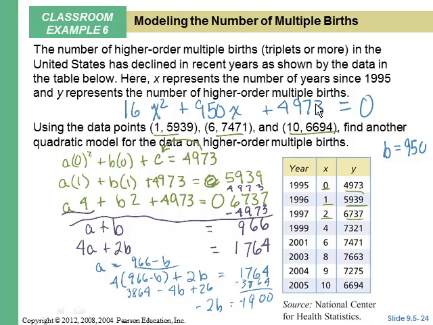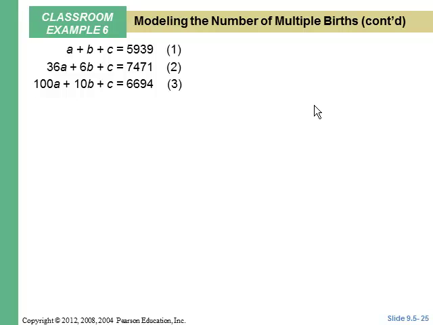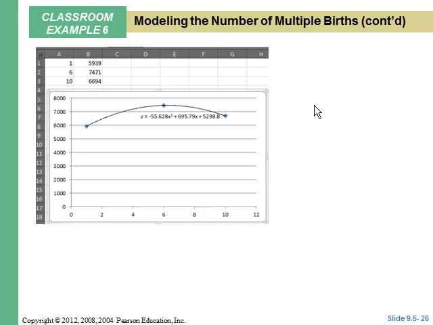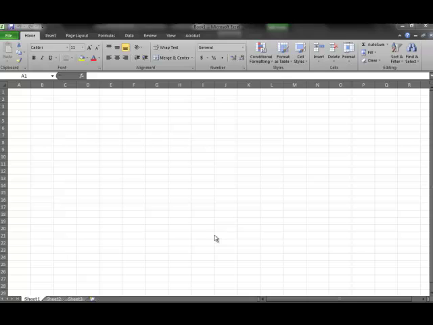Now, interestingly enough, I did this in Excel, and I got that equation there. And notice I used the points 1, 6, and 10. I'll show you how I solved that part using Excel. And then, okay, so I'm going to use the points that are in the example on page 535 to solve the quadratic equation.